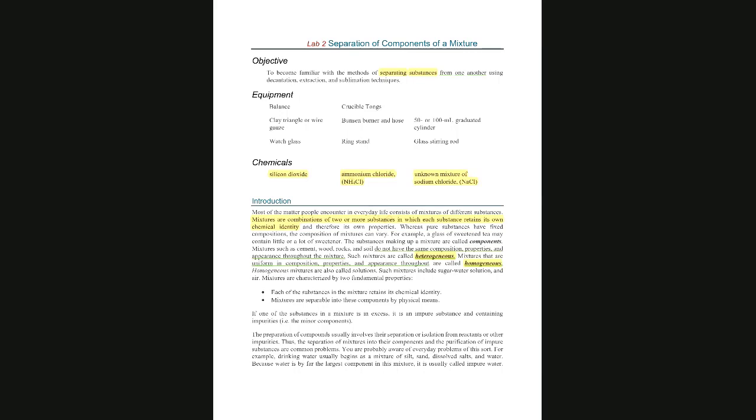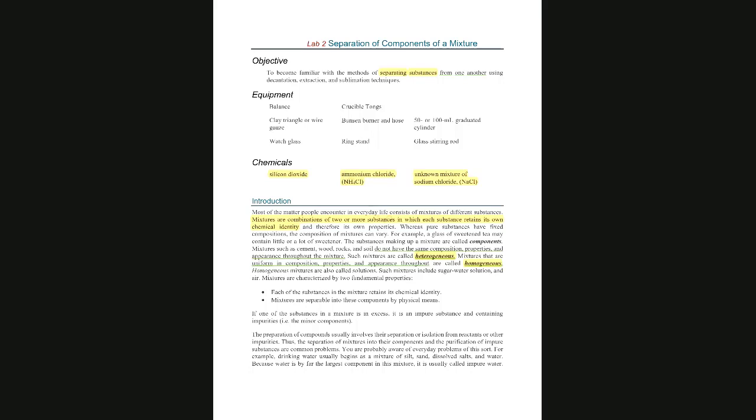Okay, so this is the experiment for this week: separation of components of a mixture. So we talk about the objective. The objective basically is for you to learn the different techniques to separate substances in a mixture. So we talk about the 3 substances that are going to be in your mixture.